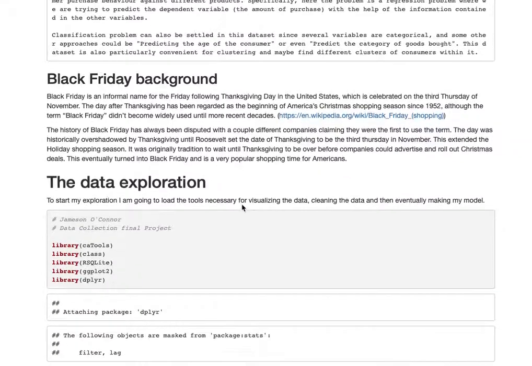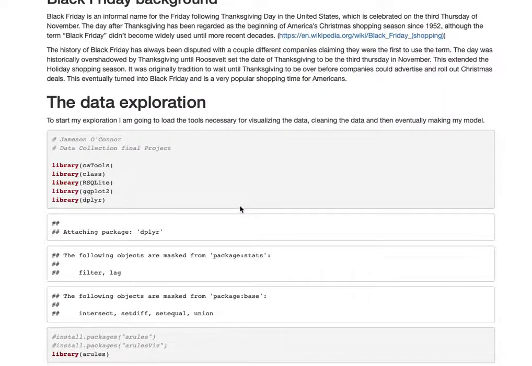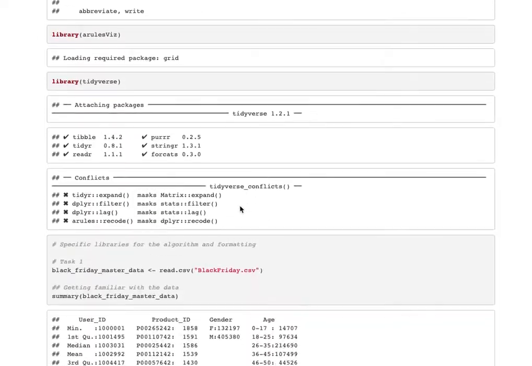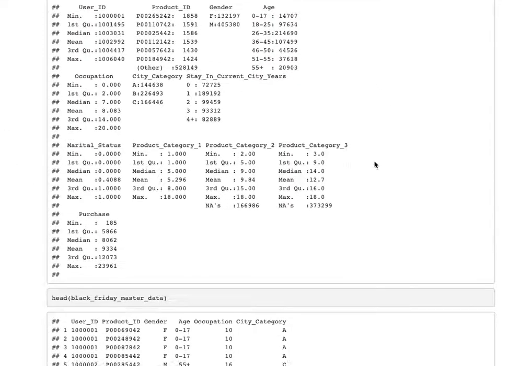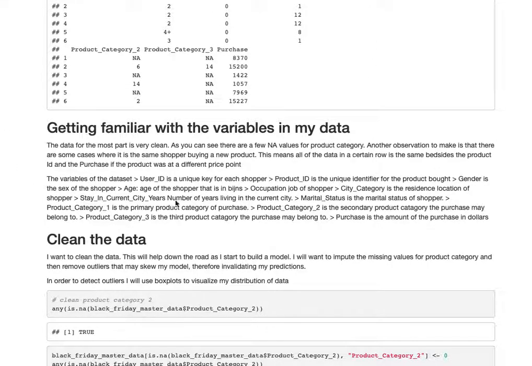So I started my data exploration, got familiar with some of the variables that I'm going to present to you right here. So the first variable is the user ID. So this is the unique ID of a shopper. The product ID, which is, again, just a unique key to the product that they bought given a transaction.